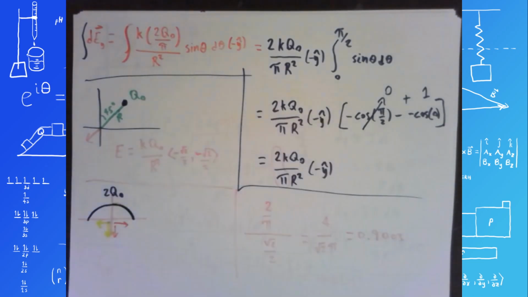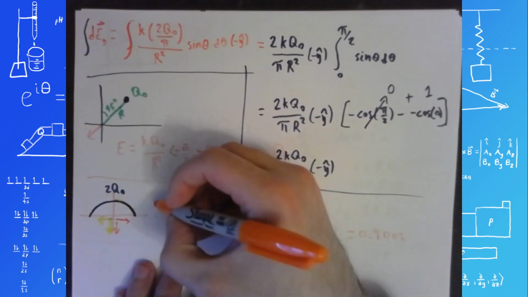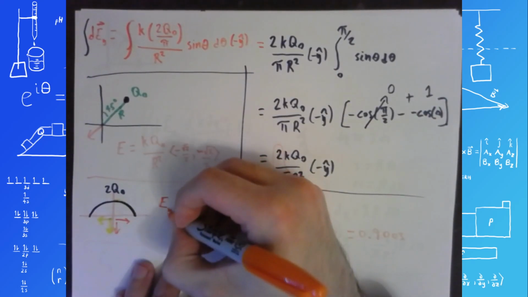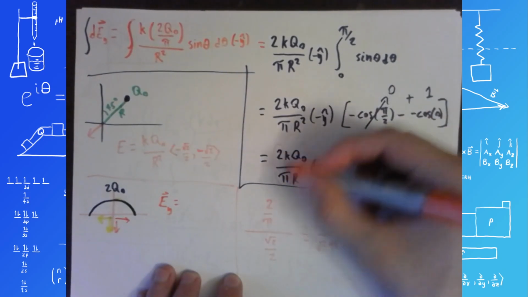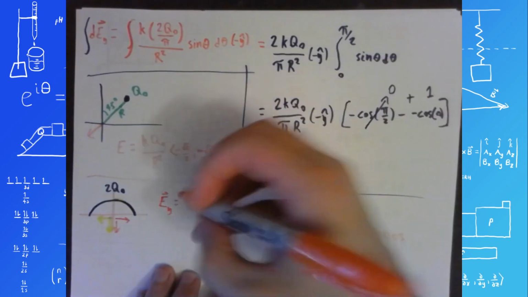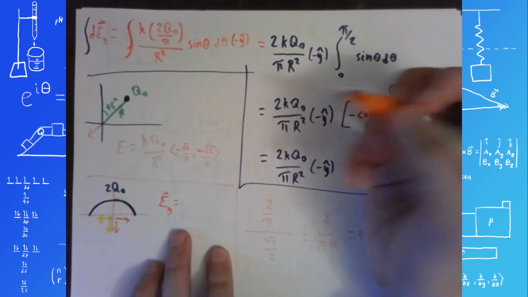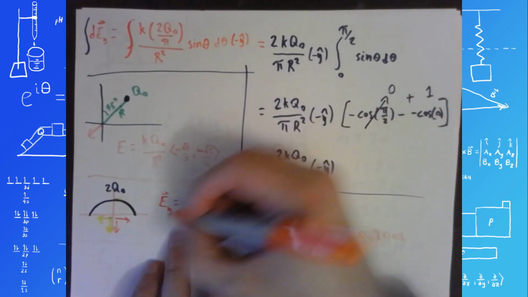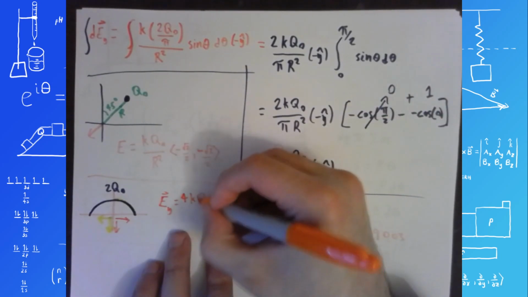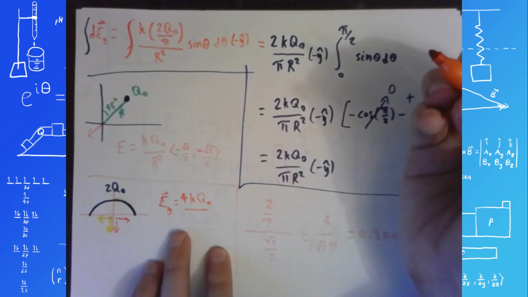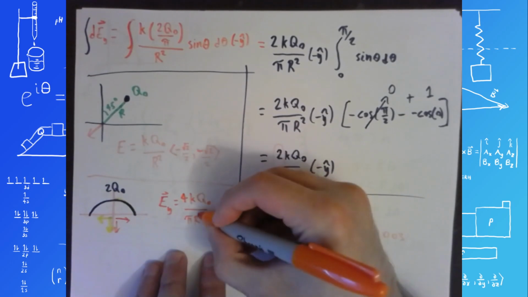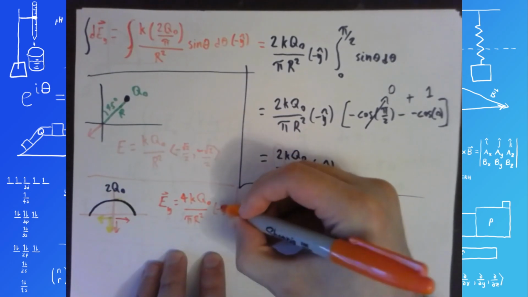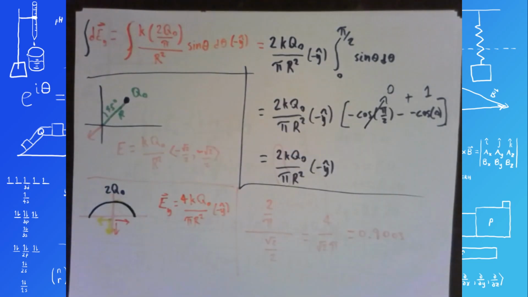So all that we're left with is the downward components, which were the EYs. So this one is really easy. EY of this semicircle is going to be 2 times EY of a single quarter circle. So instead of 2, it's going to be 4k q0 over pi big R squared in the negative y direction. Done.